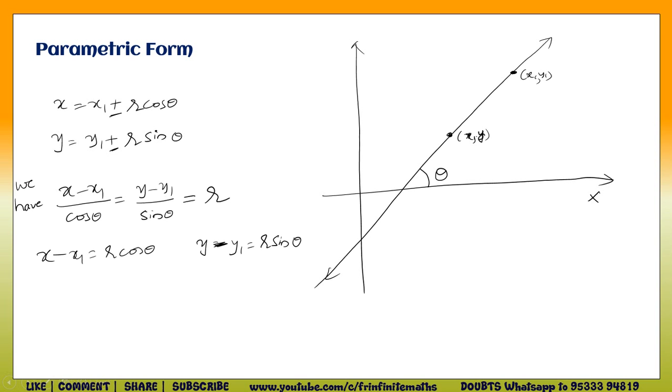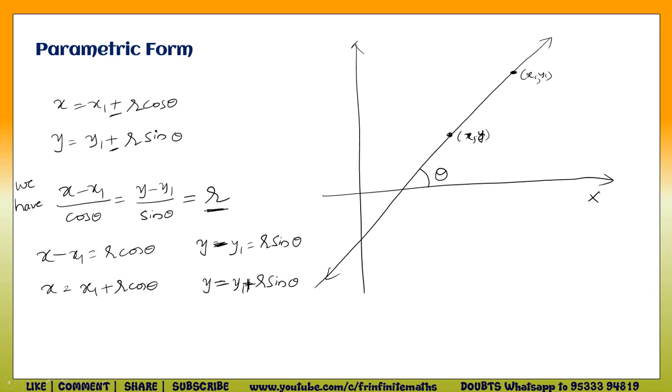From this I can simply say x = x1 + r cos theta, y = y1 + r sin theta. So likewise from the symmetric form we obtain this parametric form.